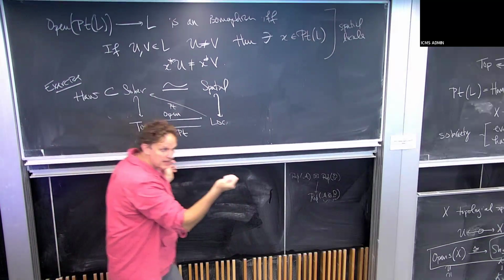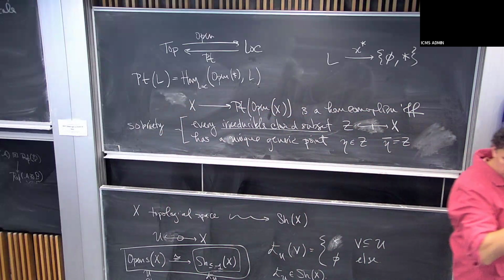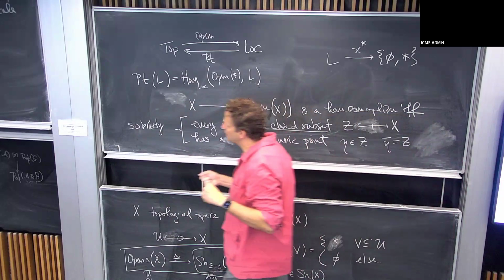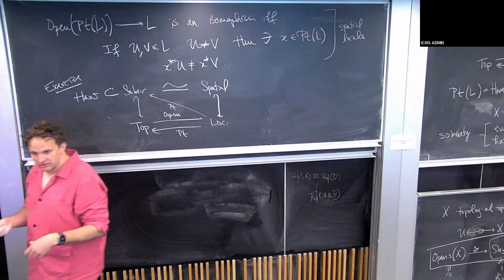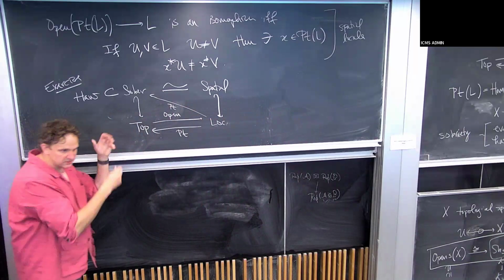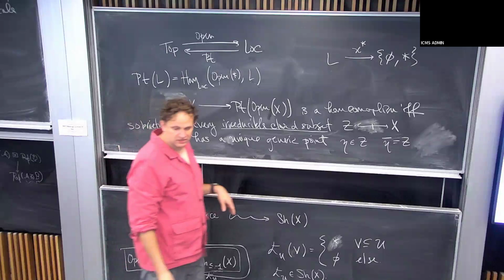So if you do that to the example that I just gave, where I've cut out from C to the n some, say, locus of a polynomial equation, and you perform this operation, then what you get is actually the scheme attached to that analytic or algebraic subset of C to the n.